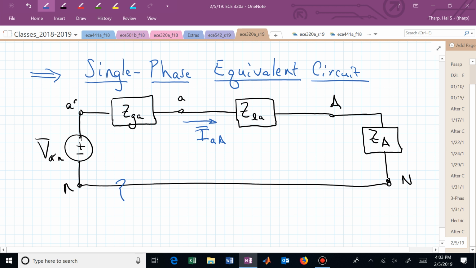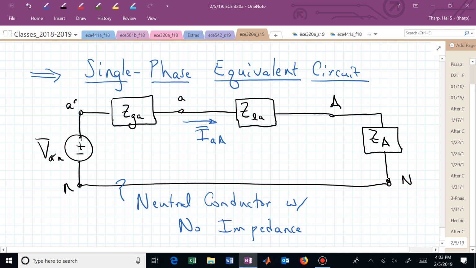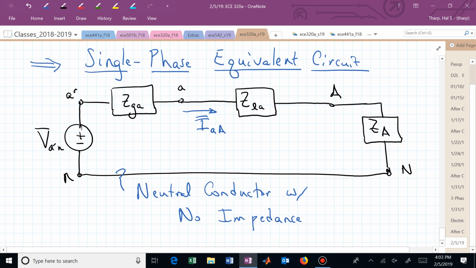Here in the neutral conductor, we are not putting any impedance. There's no impedance because we've shorted that out. Questions on that circuit? That should just be what you see in one of the phases of that three-phase equivalent.